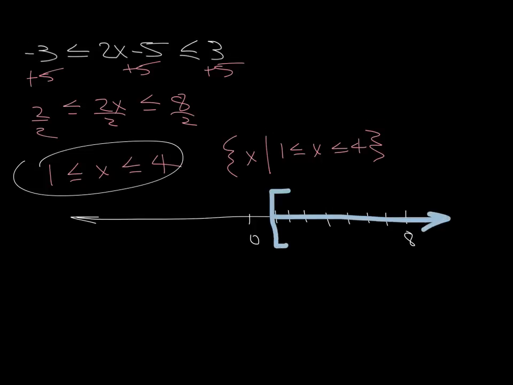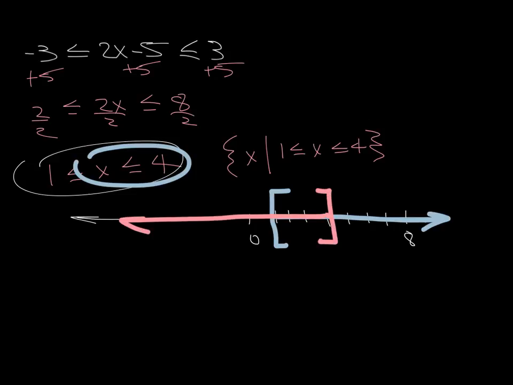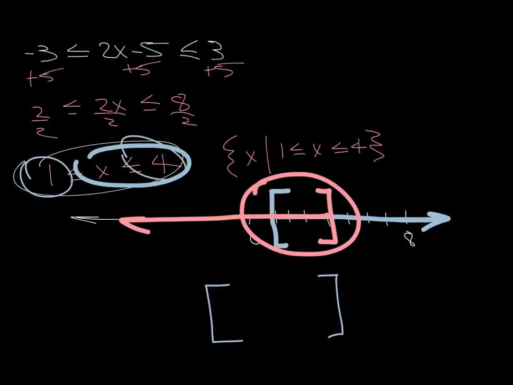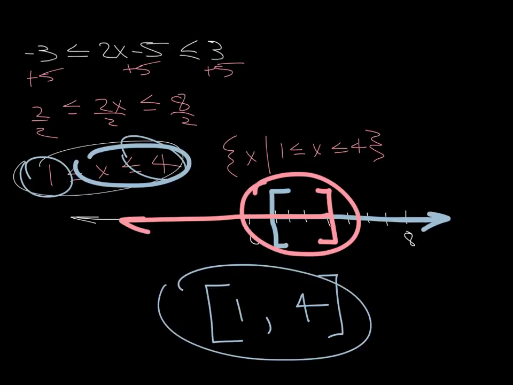So we have that, and then x is less than or equal to 4. We'll do that in red. 1, 2, 3, 4. And what we're interested in is what they have in common there, which means now I can write it in interval notation. Interval notation says I take my interval signs and I just put my numbers there and there and there. And that's interval notation. Okay, let's do a couple more and we'll call it good.